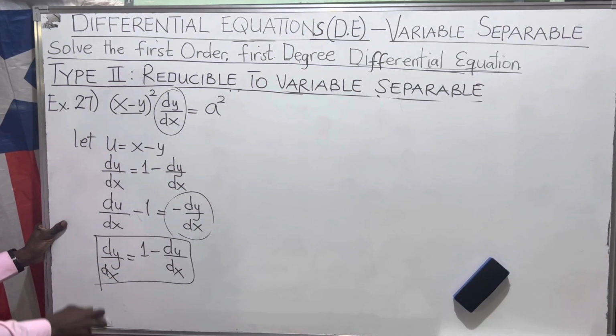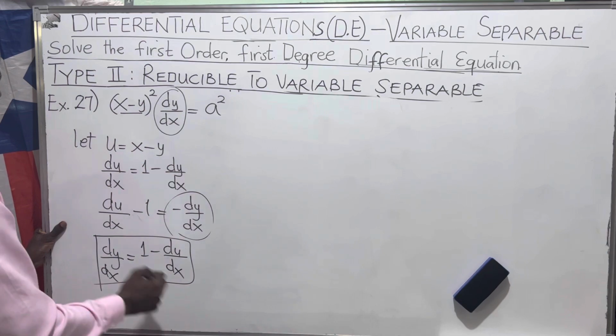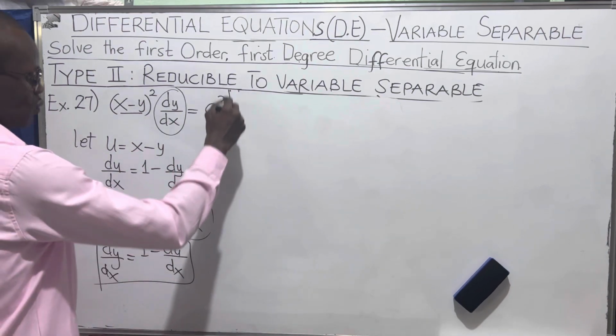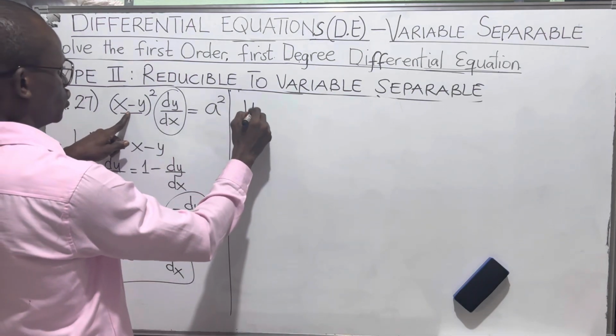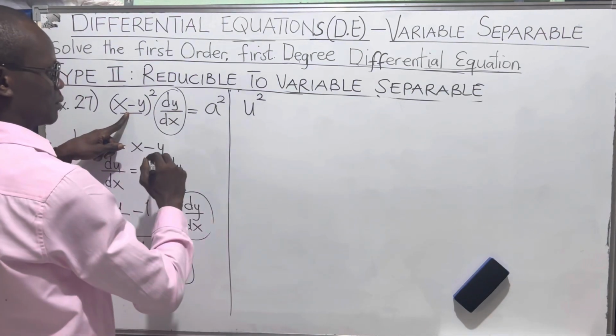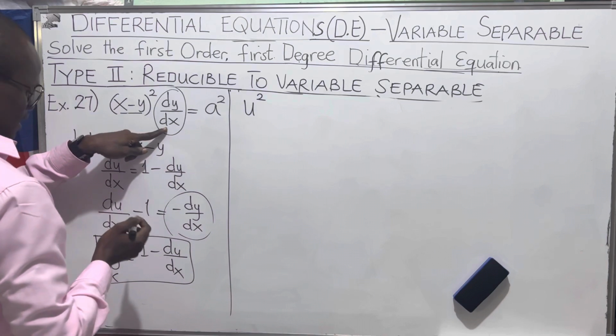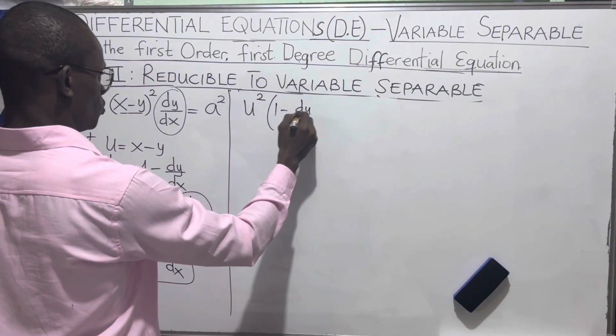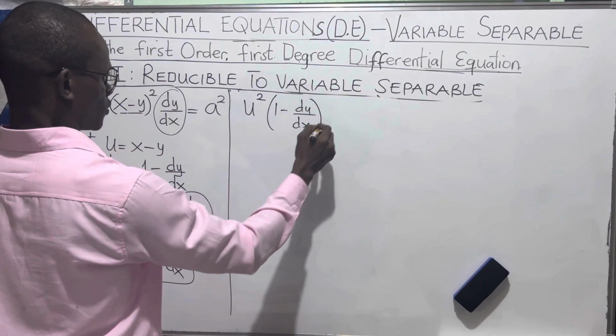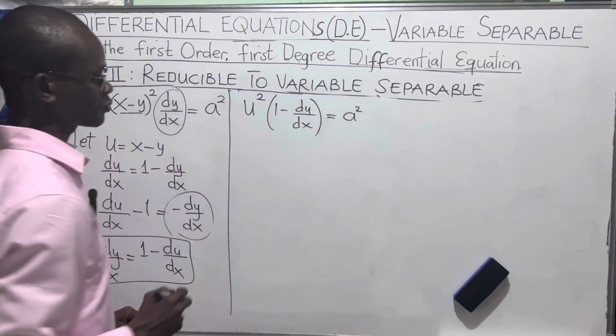So this is our dy by dx, which is this portion now. So we need to replace what is here. What is here should be our u raised to the second power. Then dy by dx is 1 minus du by dx, equals a squared.